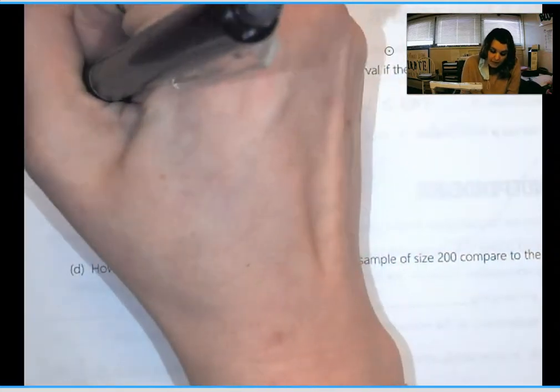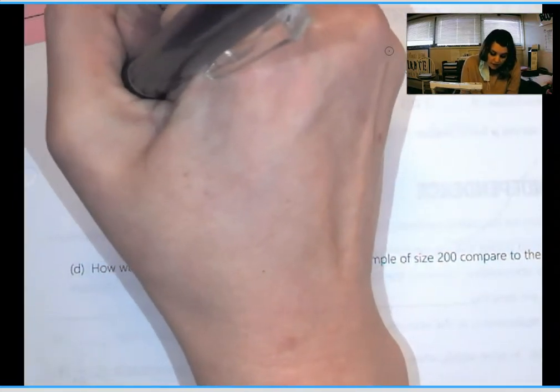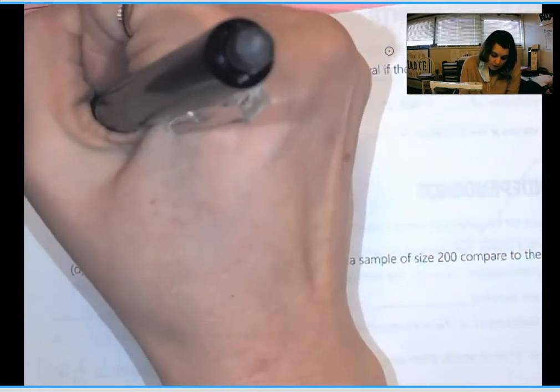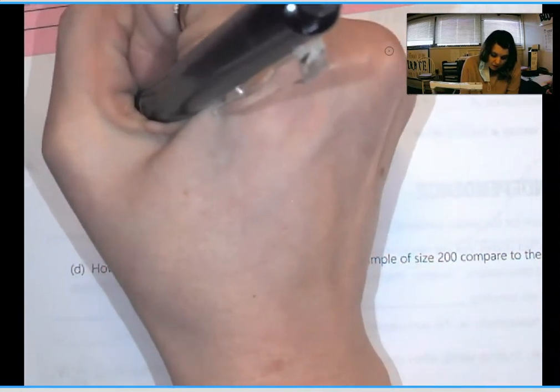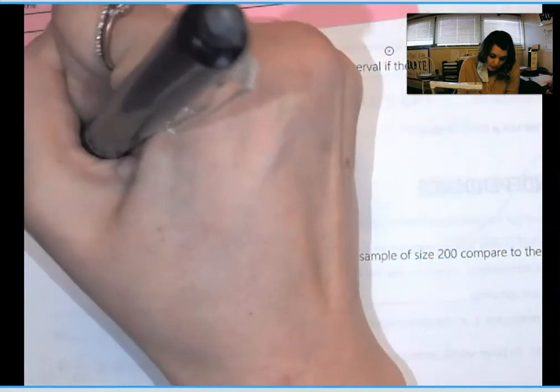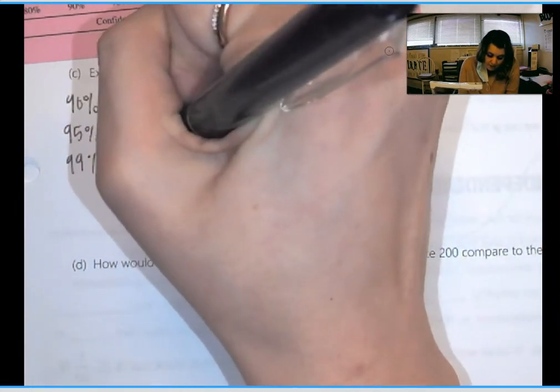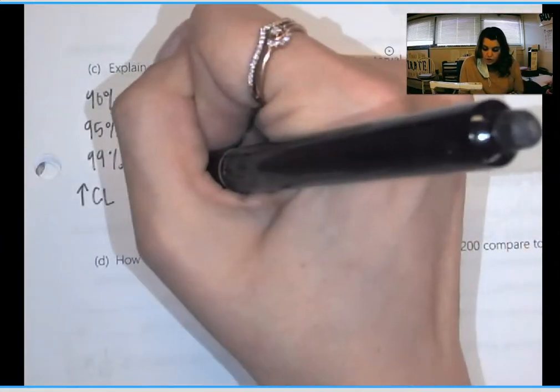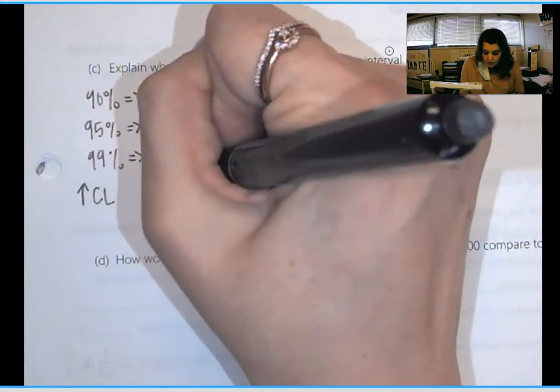So 90% gives a critical value of 1.645. 95% gives a critical value of 1.960. And 99% gives a critical value of 2.576. So as you increase confidence level, you also increase critical value.